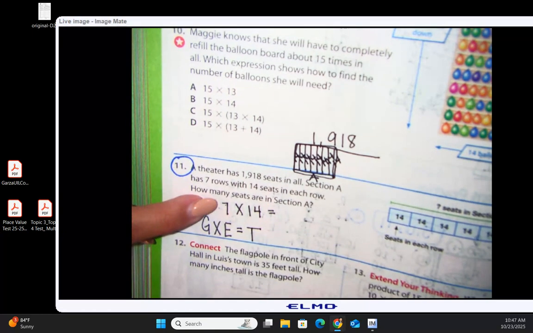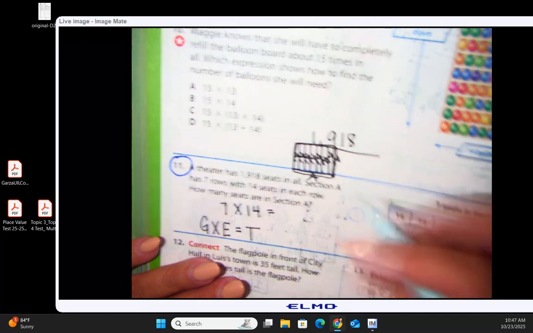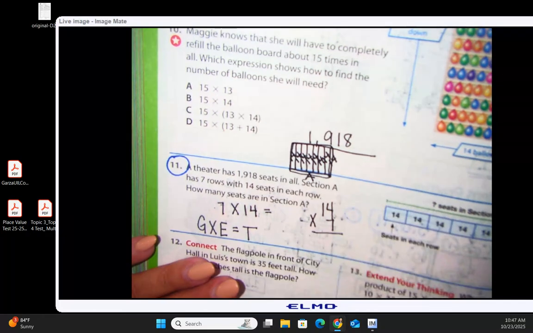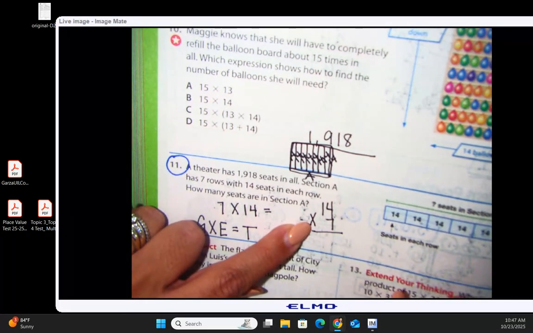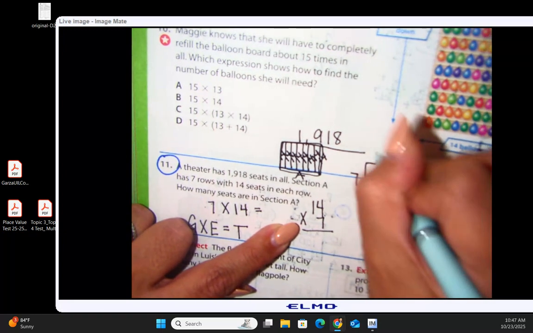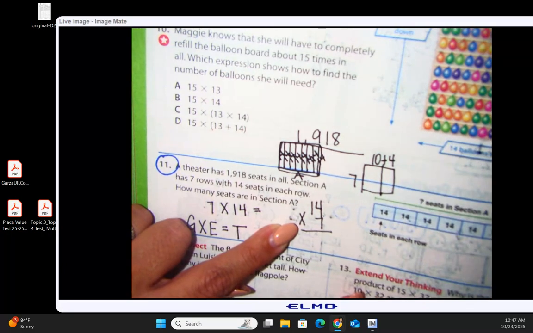I have 7 groups. They each have 14. So what's my total? I can do repeated addition and add all of these, or I can do my multiplication. I can either do my 3rd grade multiplication, or I can do my area model multiplication like this. They're both going to give me the same answer.